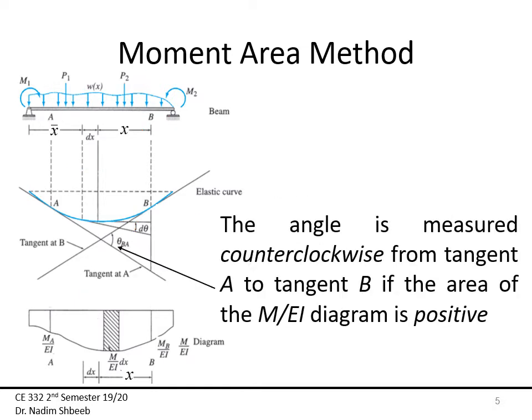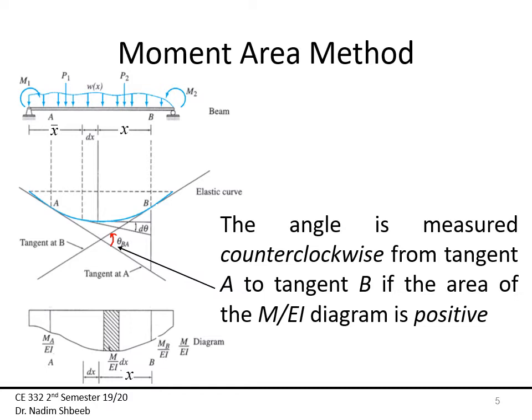Okay. As far as the sign convention goes, the angle is measured counterclockwise from tangent A to tangent B if the area of the M over EI diagram is positive. So here I have a positive bending moment diagram. And as you can see, going this way, I'm going counterclockwise.